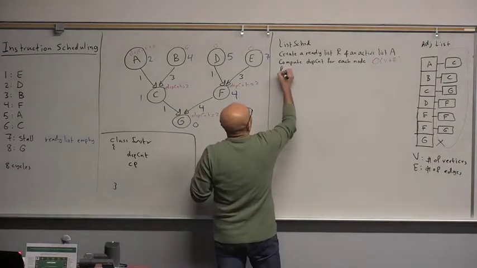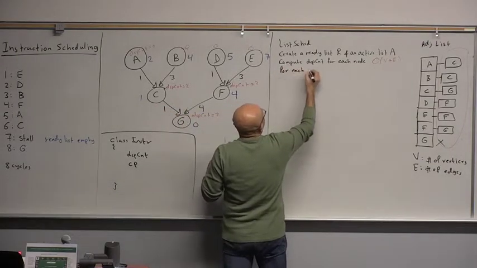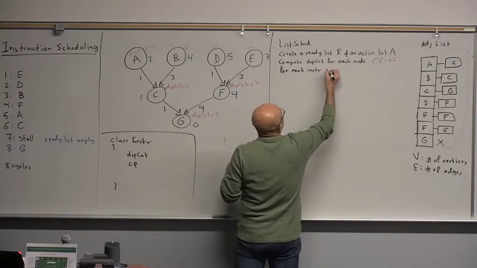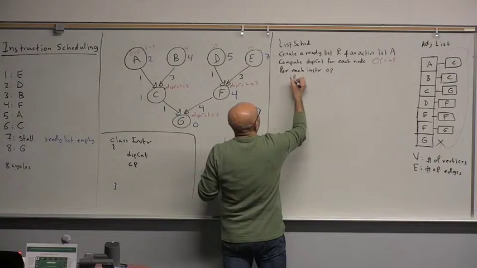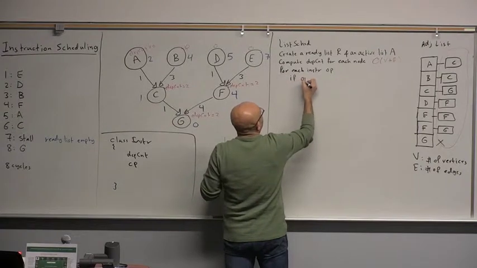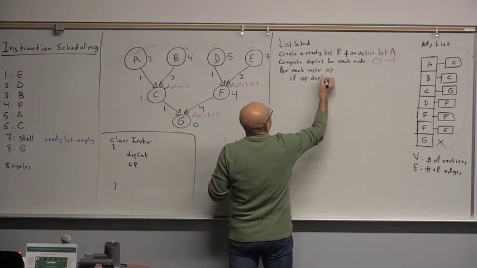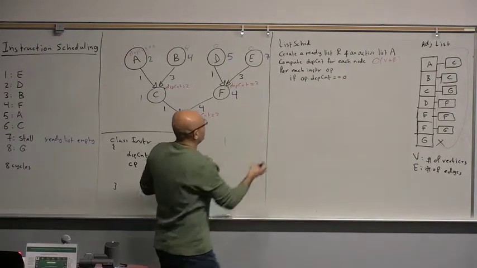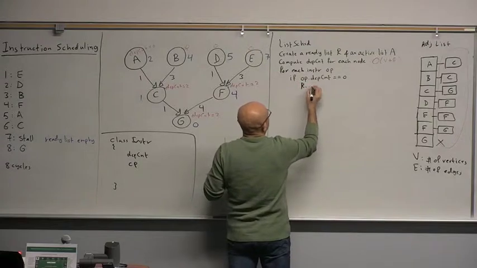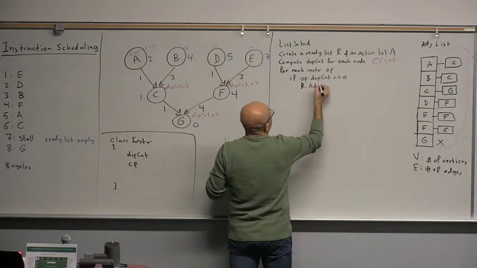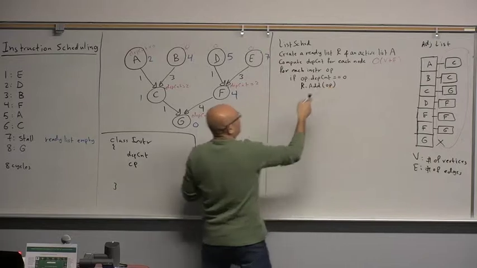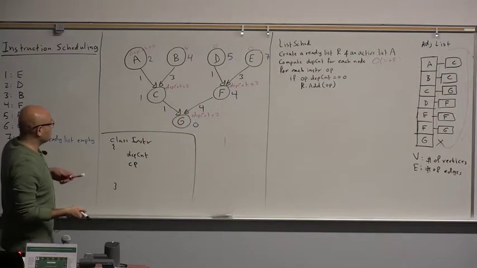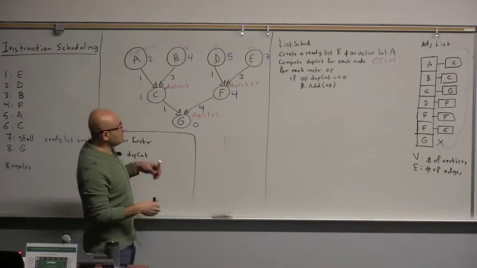So for each instruction, let's call it op, if op.depcount equals 0, then R.add(op). Add op to the ready list. Okay? Now we have the initial ready list.